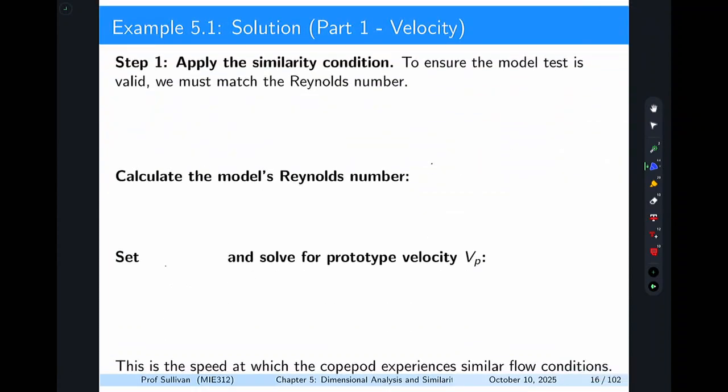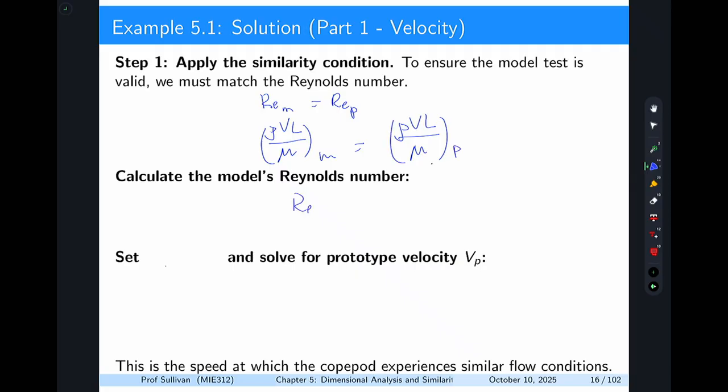So if you do that, you have a similarity condition, and it's rho VL over mu of the model, which equals rho VL over mu of the prototype.